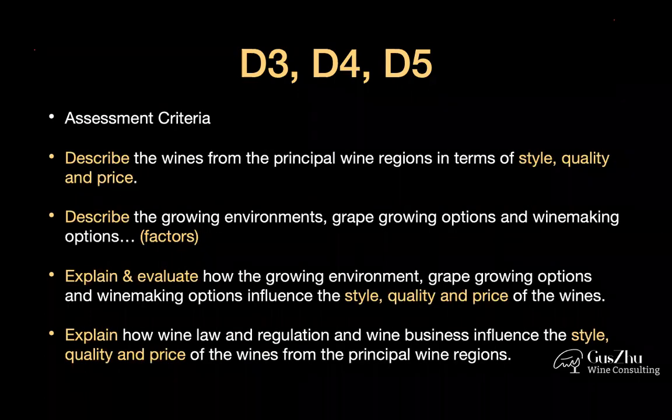And the assessment criteria says, describe the style, quality, and price of the wines. Describe the growing environment, growing options, winemaking, law, and commerce. Describe those factors. And then use those factors to explain and evaluate their influence on the style, quality, and price of the wines.